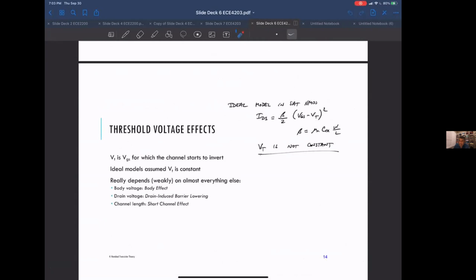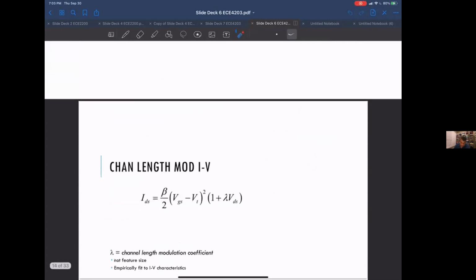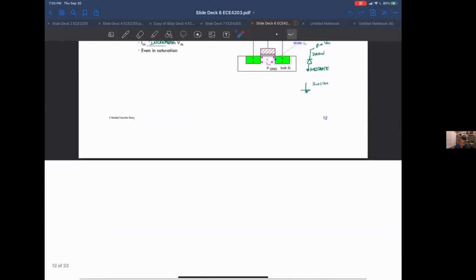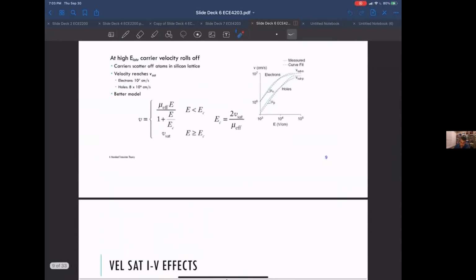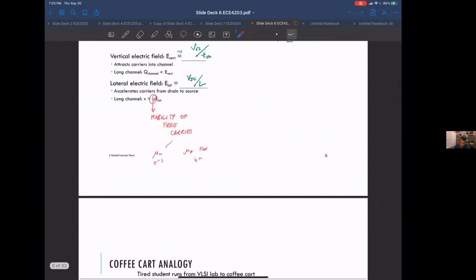Watch what I say, because some of the stuff is second order effects when the transistor is on, and some of it is second order effects when the transistor is off, and some of it is kind of in between. All this stuff, the electric field dependencies that we talked about, was all about when the channel is on.